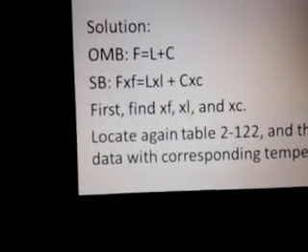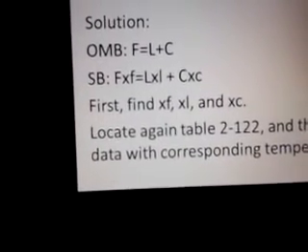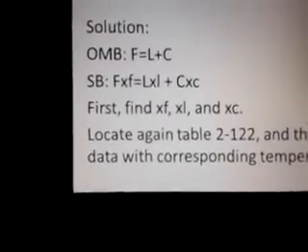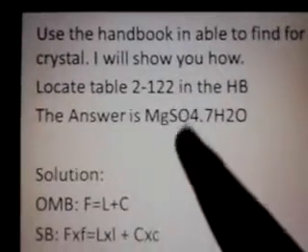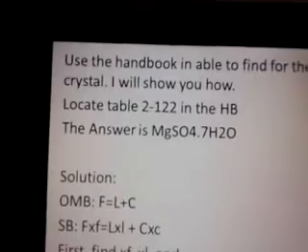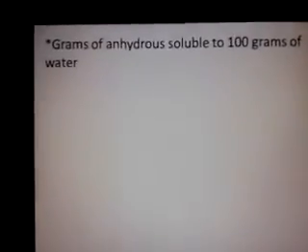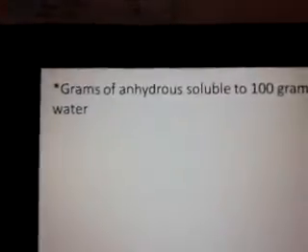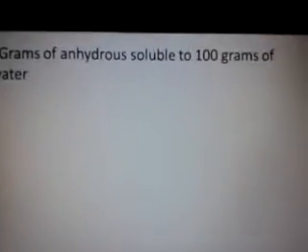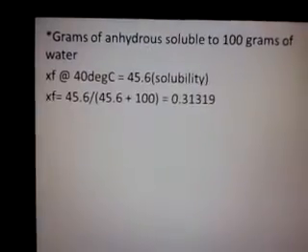Again, locate table 2-122, and there you will find that data with the corresponding temperature. The one that we use is the MgSO4 7H2O. It is written in the handbook as grams of anhydrous soluble to 100 grams of water.